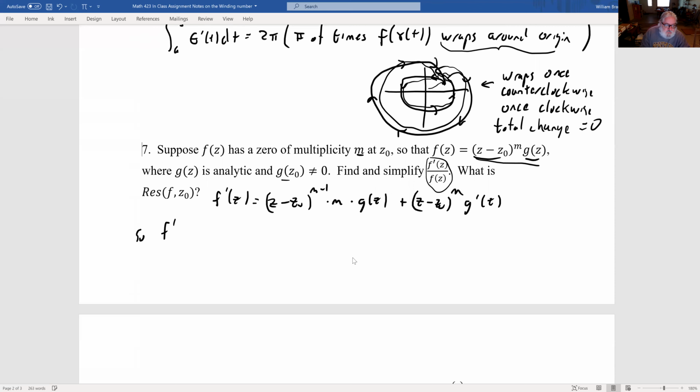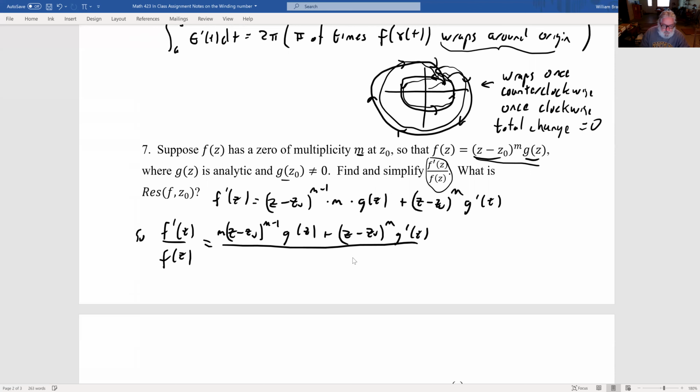So f prime of z over f of z is, with the m out front, m times z minus z0 to the m minus 1 times g of z, plus z minus z0 to the m times g prime of z, all over f, which is z minus z0 to the m times g of z.